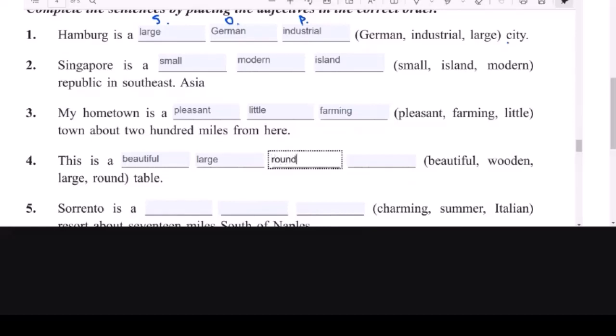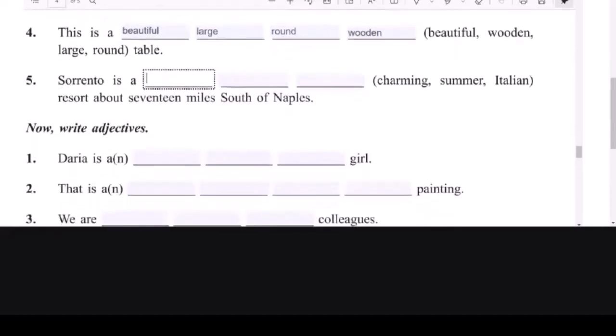Beautiful large round and wooden table. The material and then table. There's nothing else here. Table would be the last one. That's the one. But you have to practice it a little bit, because normally it's just 3 or 4 maximum. If we have more than that, make another sentence. Okay, like that.